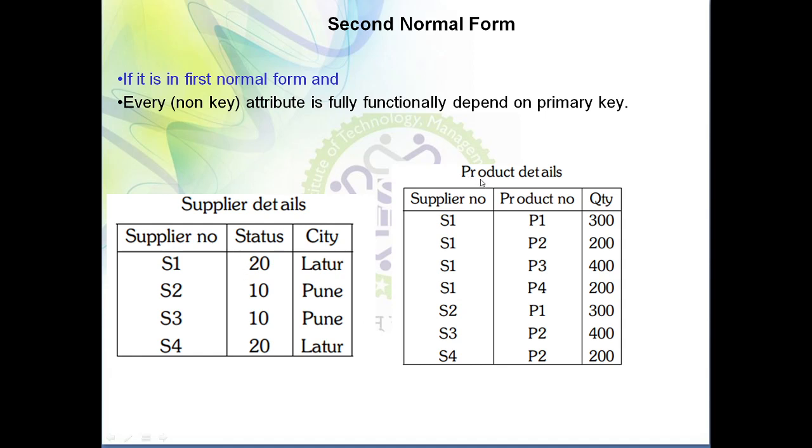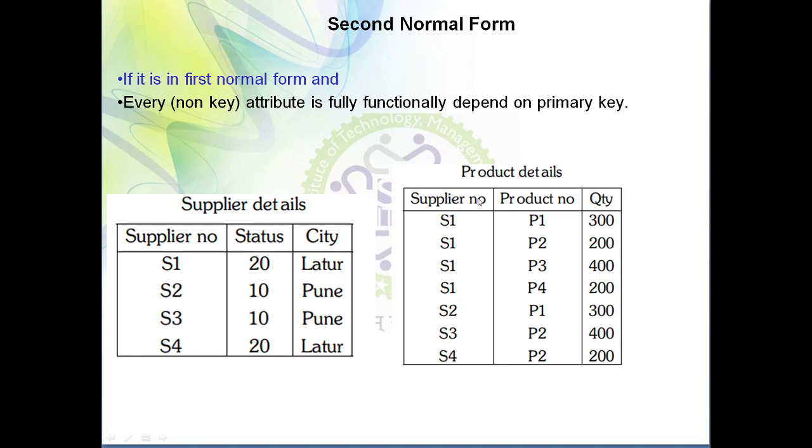Now in the product details table, what is the primary key? Can I say only supplier number is a primary key? The answer is no. In this case only supplier number is not a primary key. So the combination of supplier number and product number together forms a primary key.